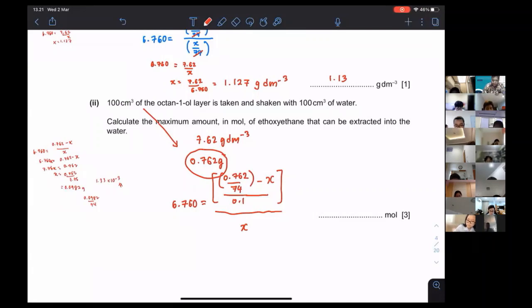Also remember that is divided by 0.1, which is 100 cm cube of water.